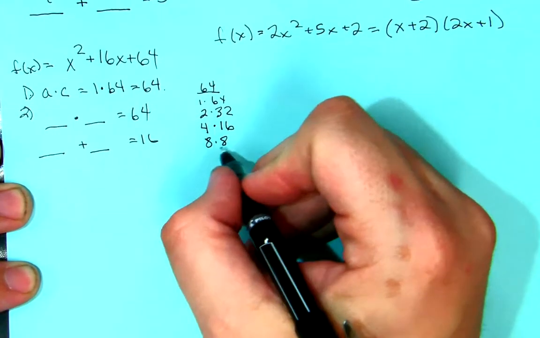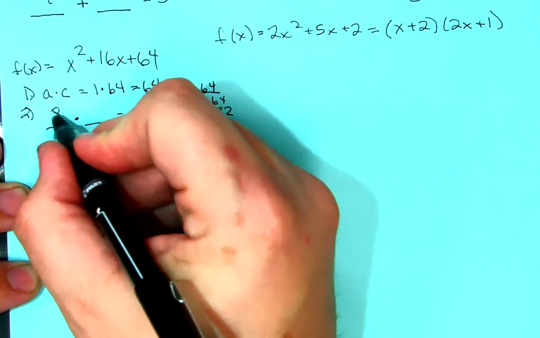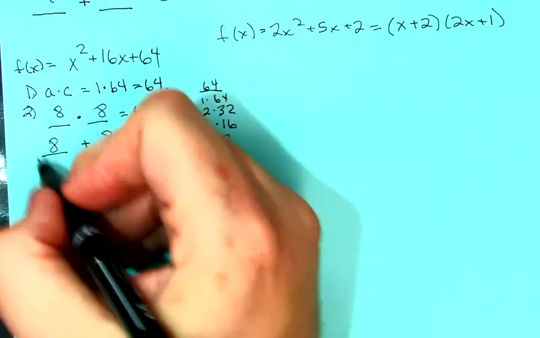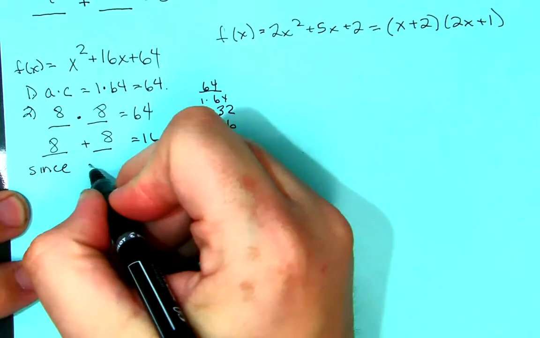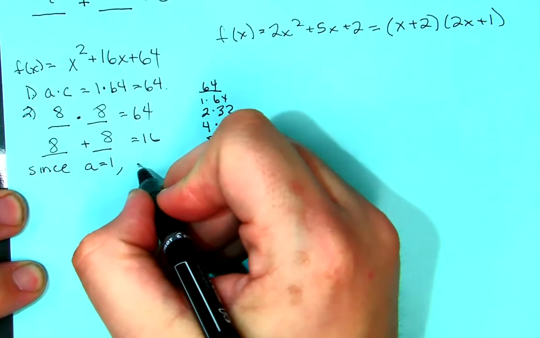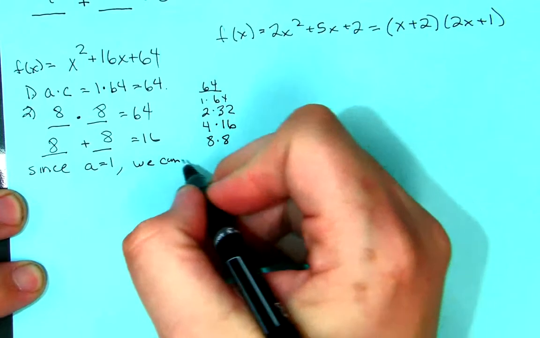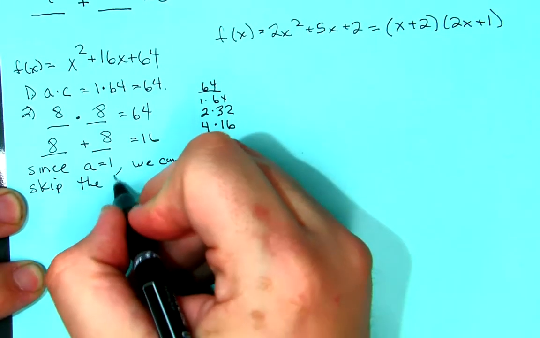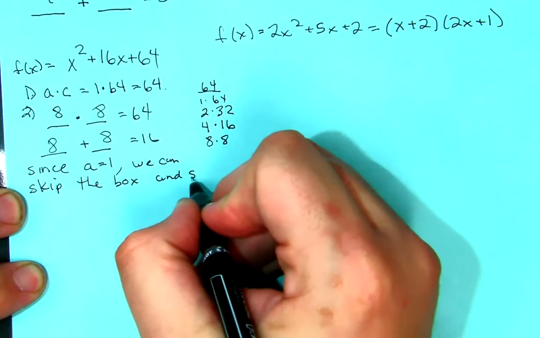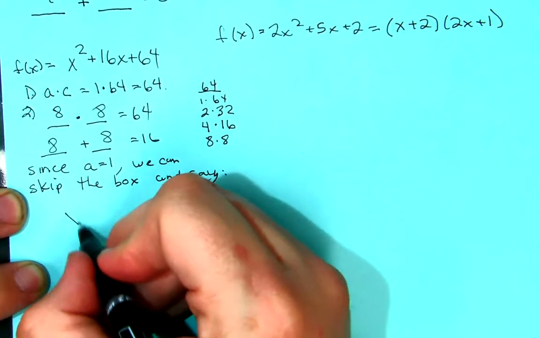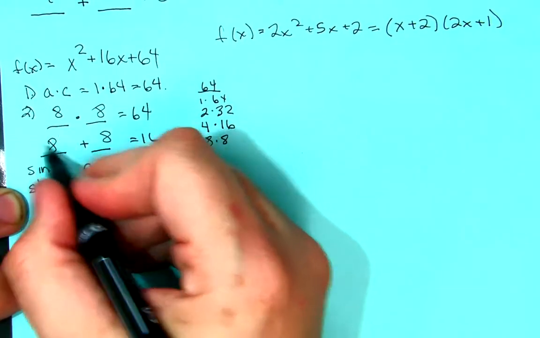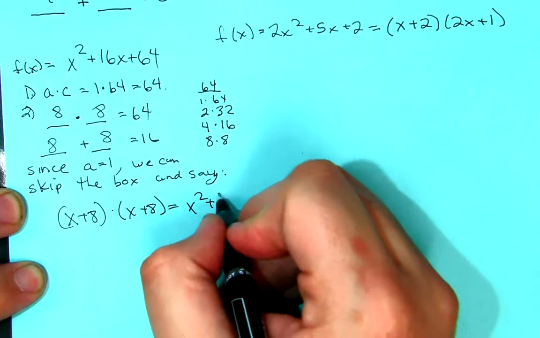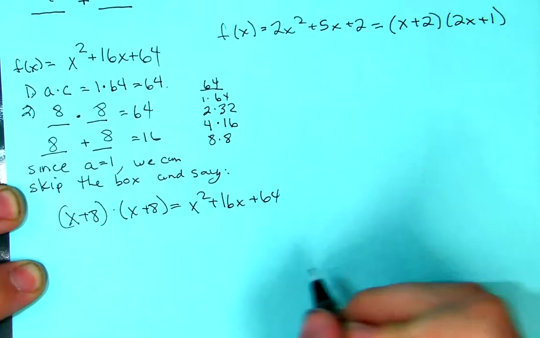If I look at the sum, the one that gets me to 16 is 8 times 8, and 8 plus 8 is 16. Now, since a was equal to 1, we can skip the box and say that x plus 8 times x plus 8 is equal to x squared plus 16x plus 64.